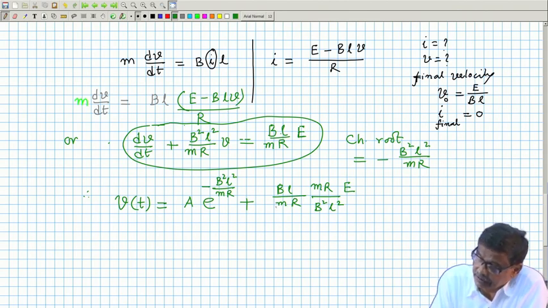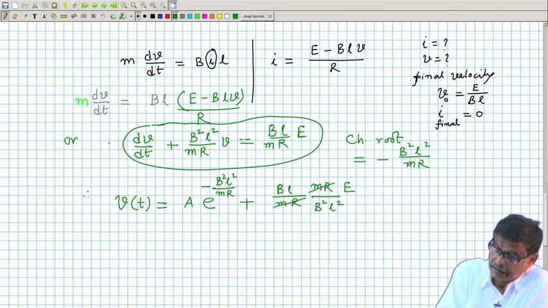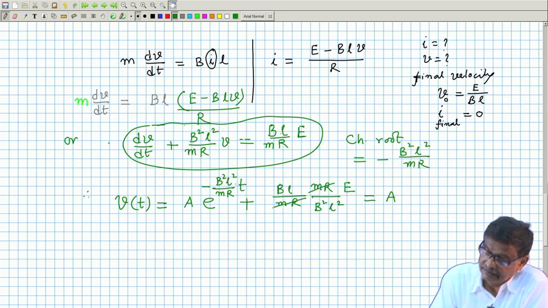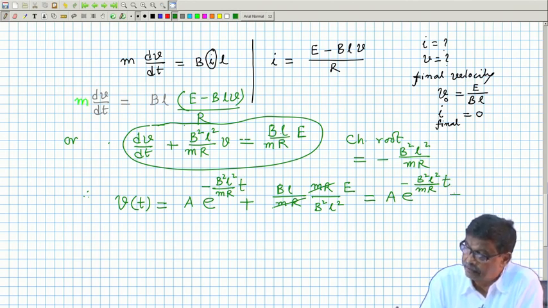Let us proceed. So, this m R goes, and you will be left with A into e to the power minus B square L square by m R into t, and plus E by B L. What is E?